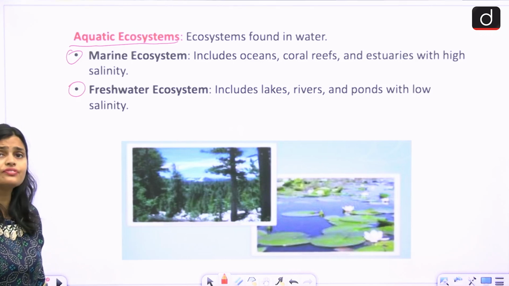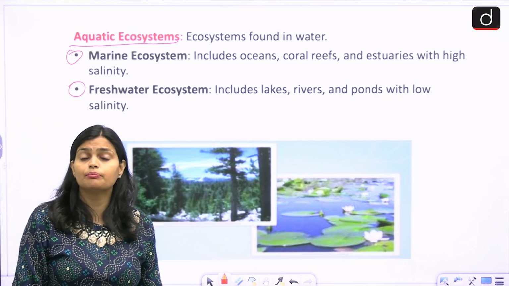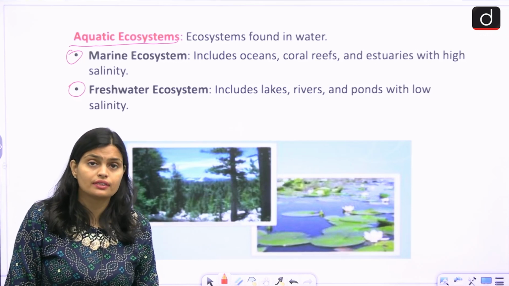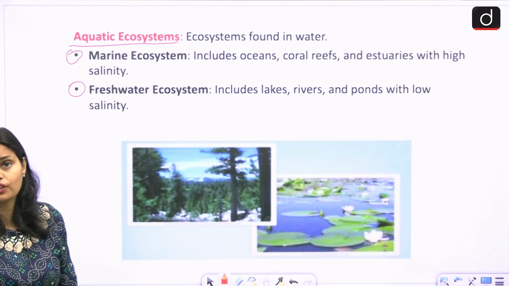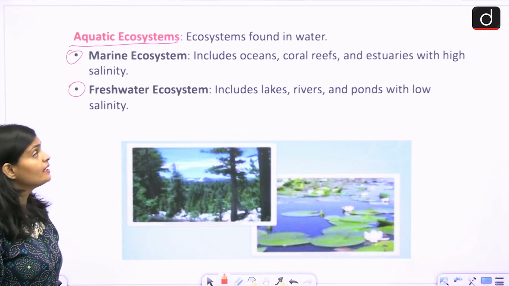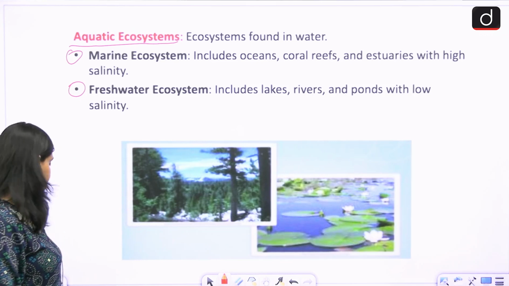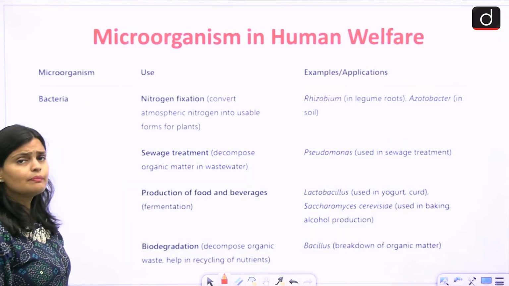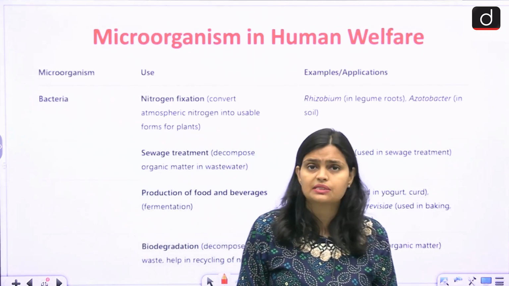The organisms found in rivers and ponds are considered a freshwater ecosystem, while oceans are the marine ecosystem. So these are basically the types of ecosystem, and you should know these basics.